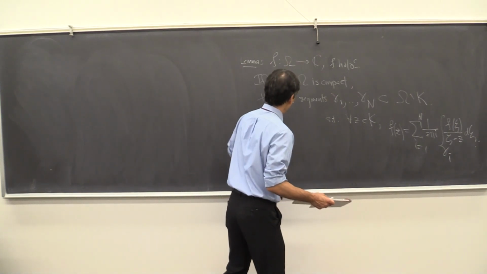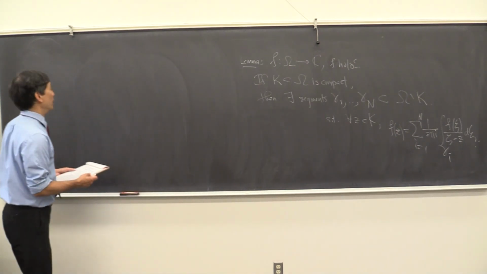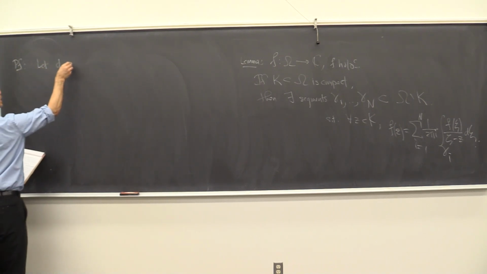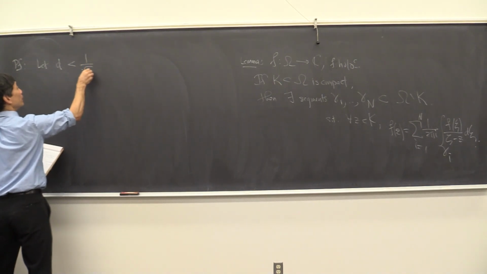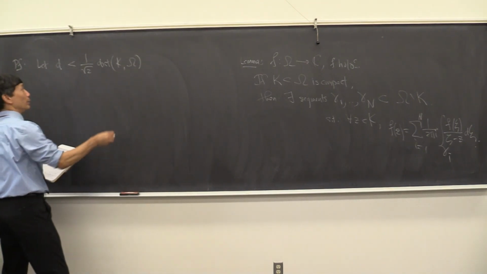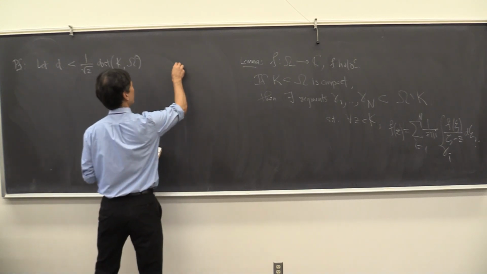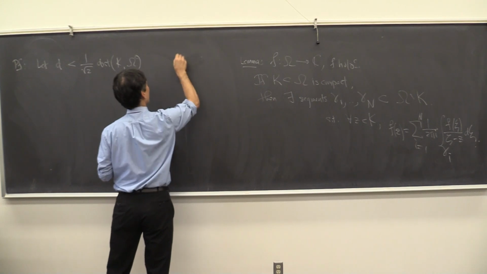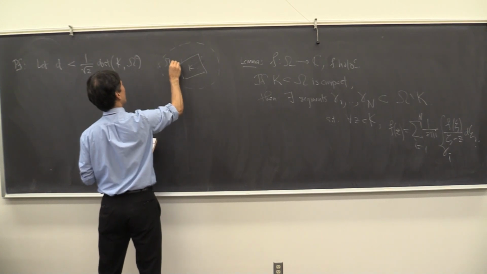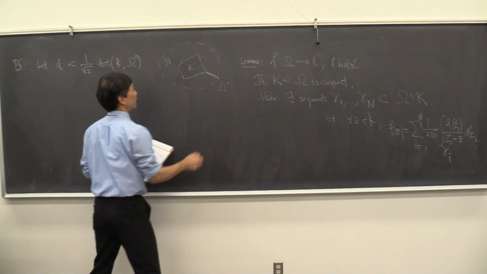And the process of getting those segments is as follows. Let d be smaller than 1 over root 2 times the distance of K from omega complement. You have your compact set K, and omega containing it, and then you've got some distance to omega complement. You multiply that one.